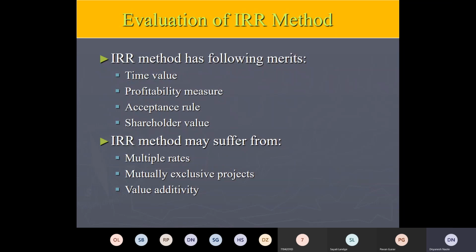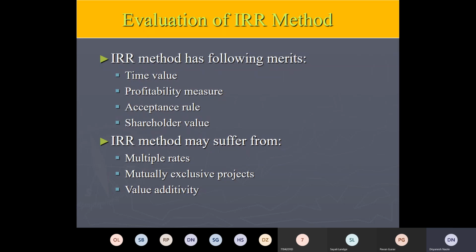Now, what are the limitations? One is multiple rates. It means a project may have multiple rates, or it may not have a unique rate of return. Like I already told you, the opportunity cost of capital or those rates may keep changing. These things are explained in the calculation of IRR in the subsequent chapters.